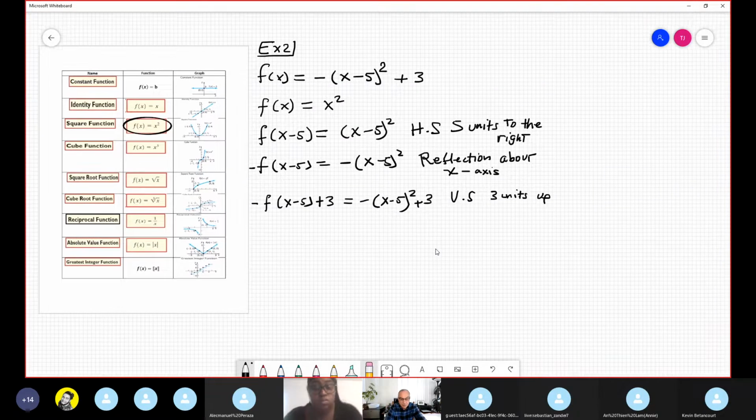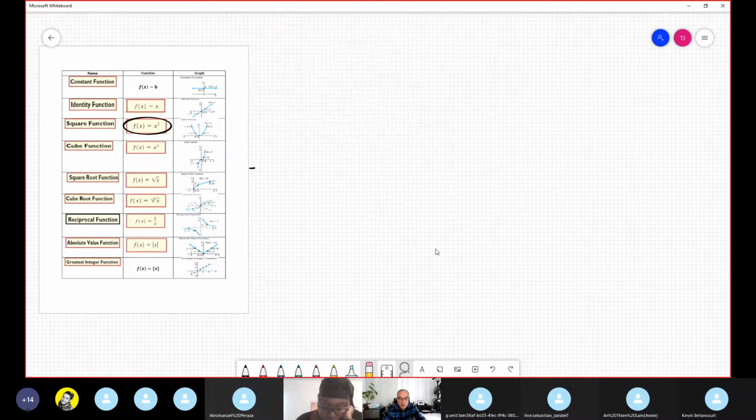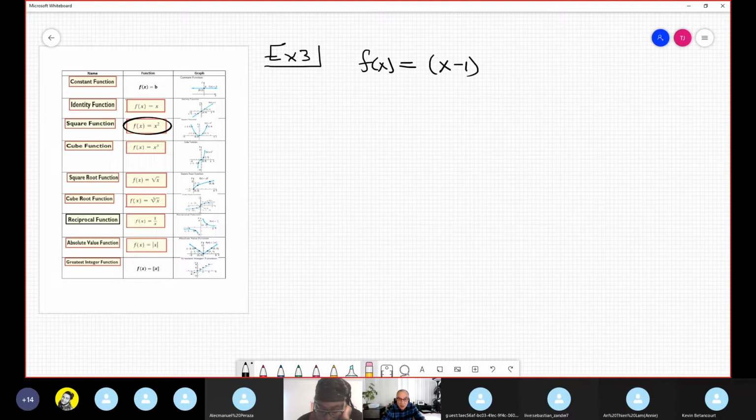Okay, let's move on to example 3. Example 3 is easy also. f of x equals x minus 1 raised to the cubic power plus 7.